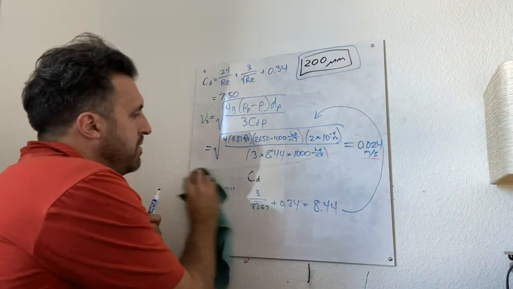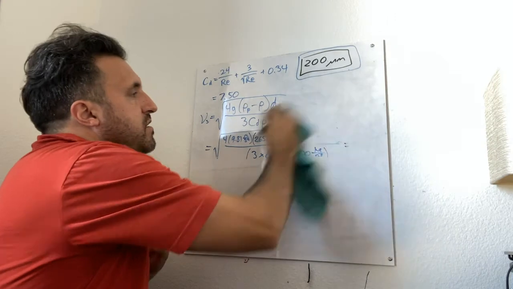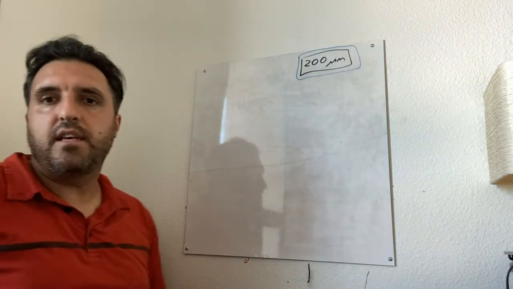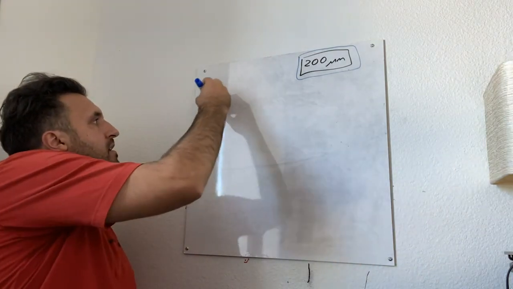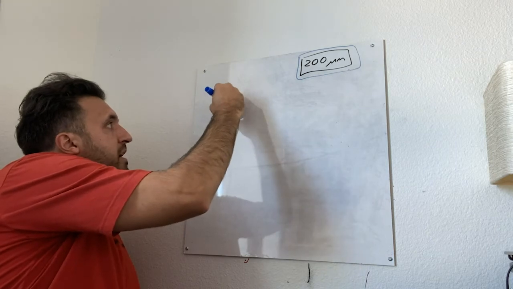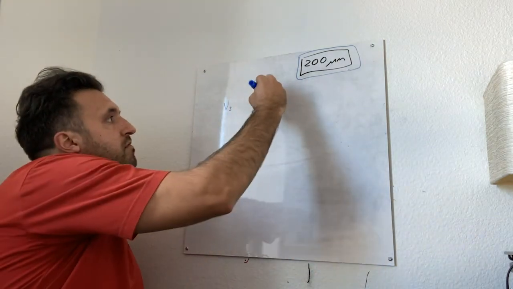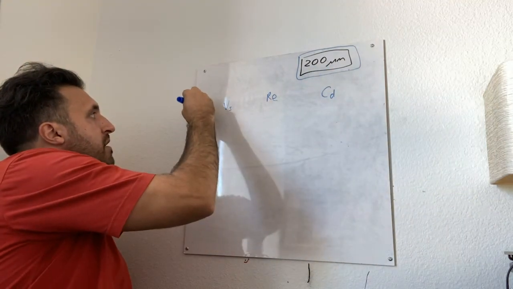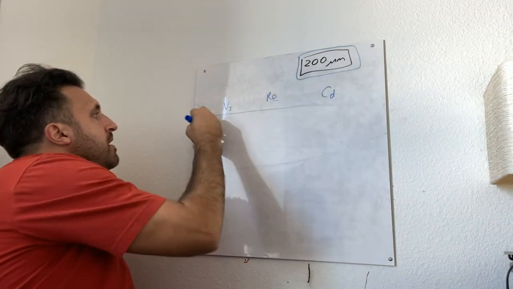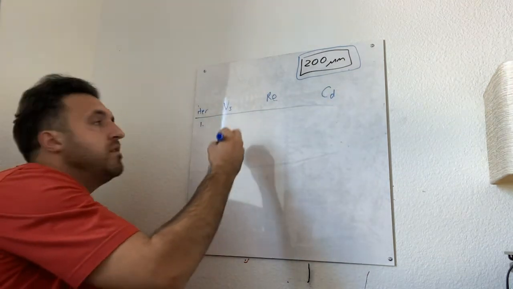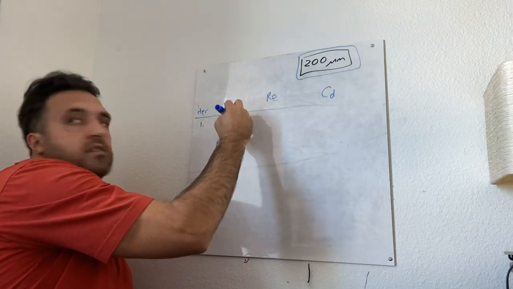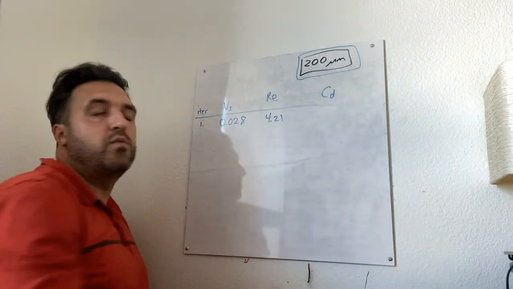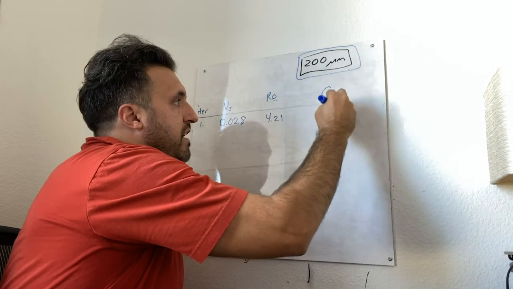So for this problem, the best way to set it up would be to do it in Excel instead of doing it by hand. So we would set up the series of equations in a table. For example, we might have settling velocity in one column, Reynolds number in another column, and the drag coefficient in the third column, and then maybe we have the iteration number. So on the first iteration, we get a value of approximately 0.028. As you saw using Stokes' law, that produced a Reynolds number of 4.21 and a drag coefficient of 7.50.